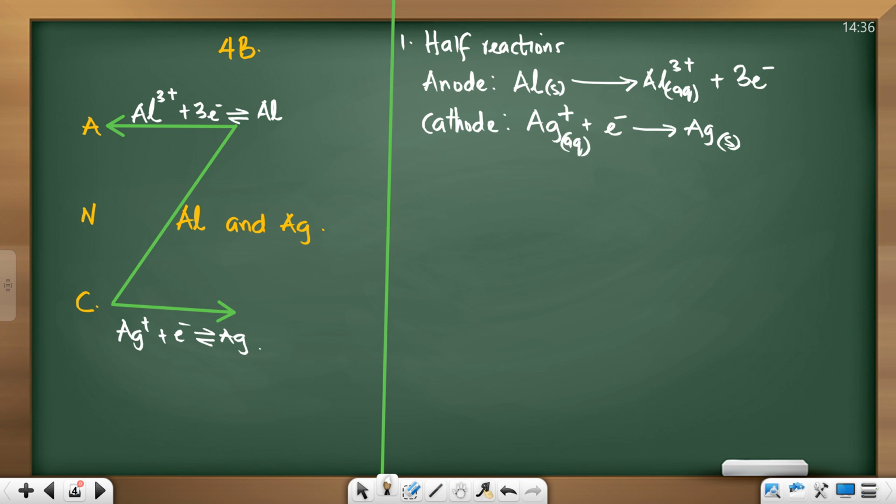Guys, for each of these reactions, when you are asked, it's 2 marks. Everybody okay here? Half reactions? Everybody okay?